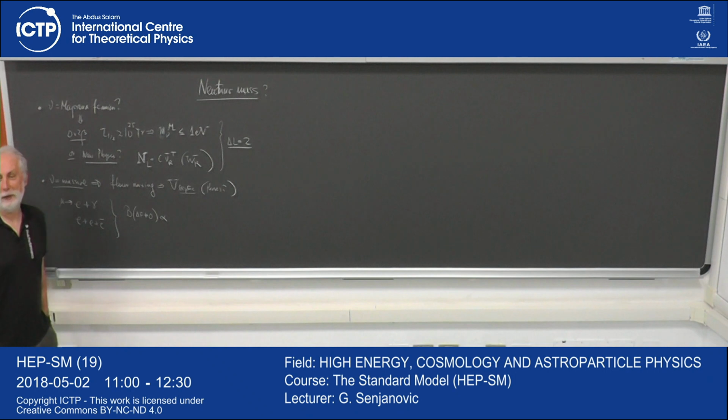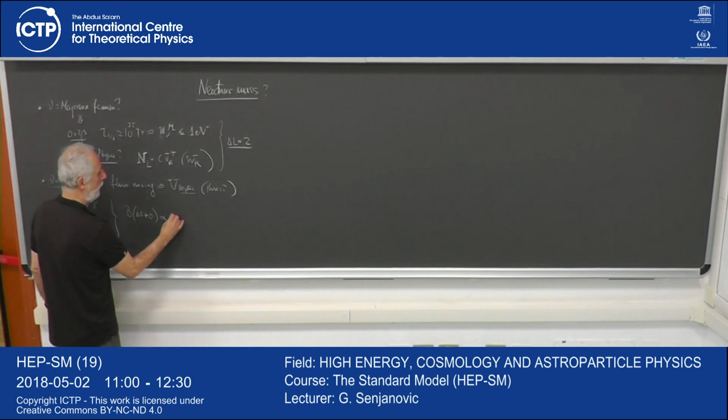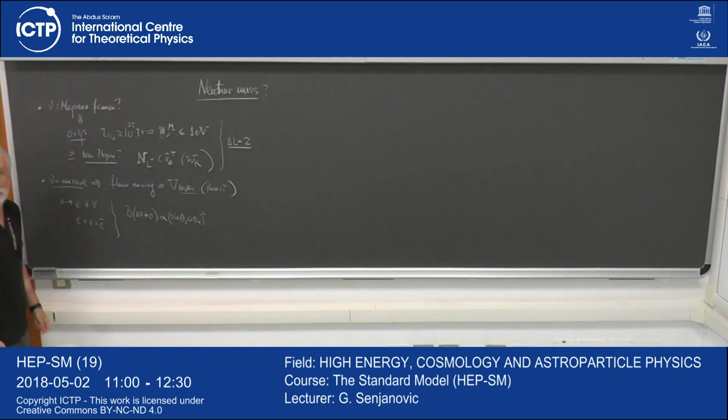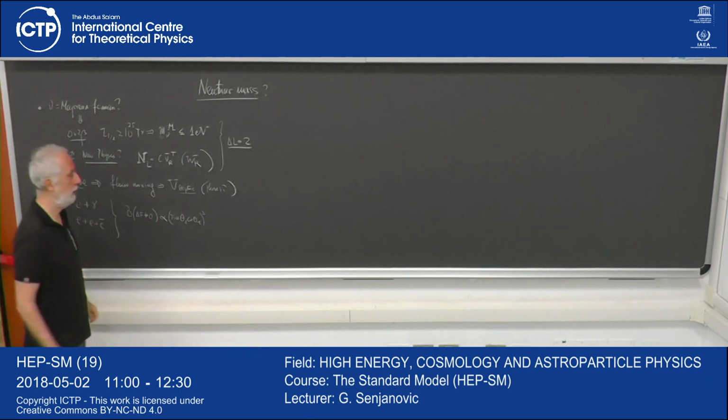Let's think of two generations, okay? Of course I can have tau and so on, but it's not so important. So there will be sine theta leptonic, cosine theta leptonic, something like this squared, at least that, okay? Leptonic mixings, by the way, are large, at least some of them, so that's all right.